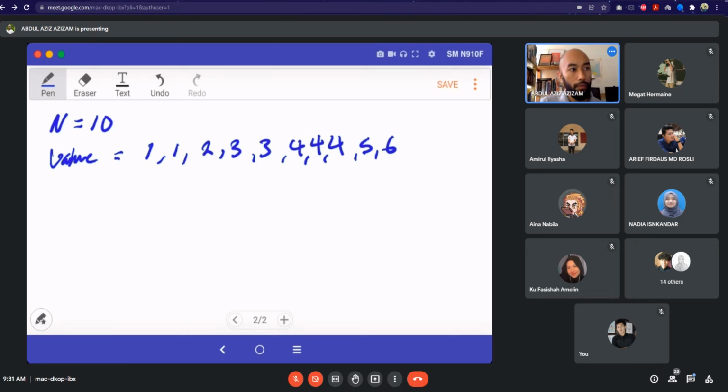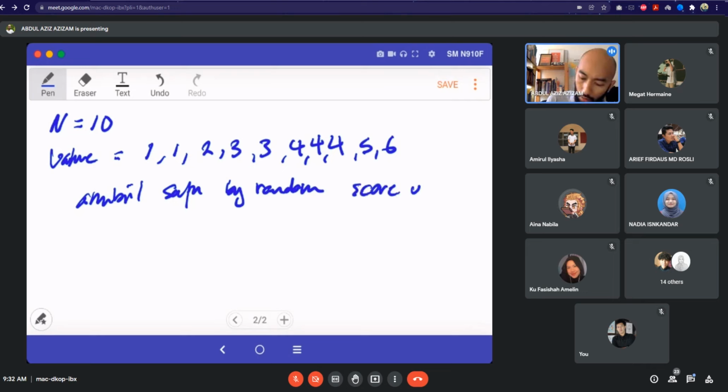Okay, so kalau kita nak ambil by random, ambil 1 skor yang nilai dia lebih daripada 4.